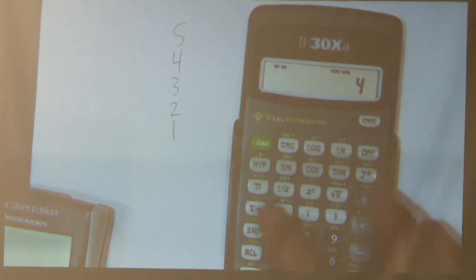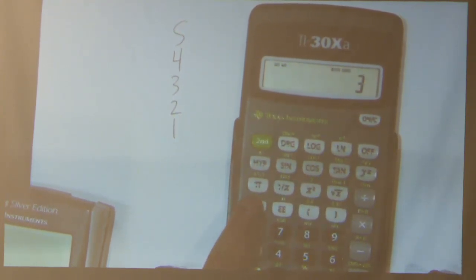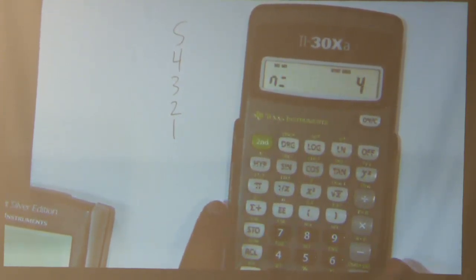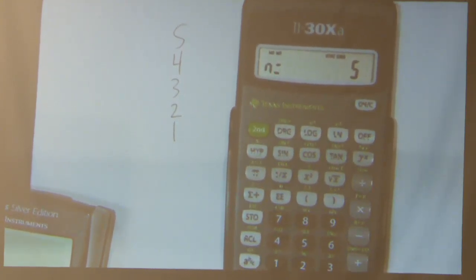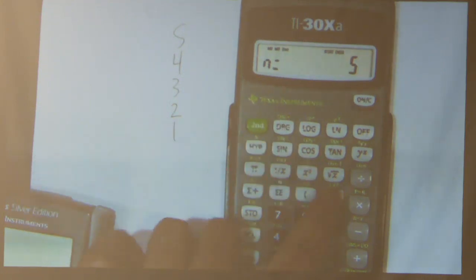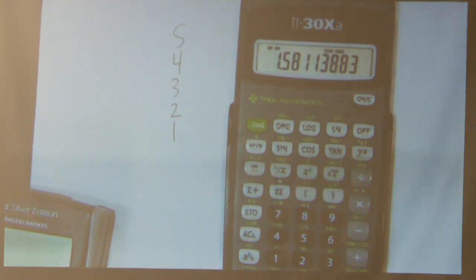Then 4, E+, 3, E+, 2, E+, 1, E+. After you've done that, next you're going to go second and the square root button. This will give you your standard deviation. So from this standard deviation, then you can find the variance because you would just square it.